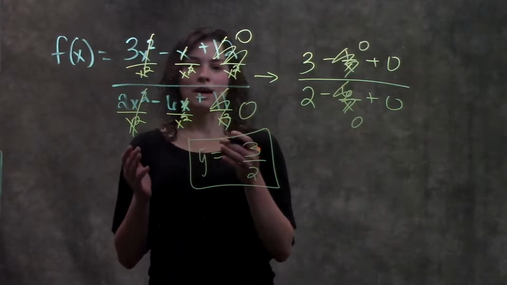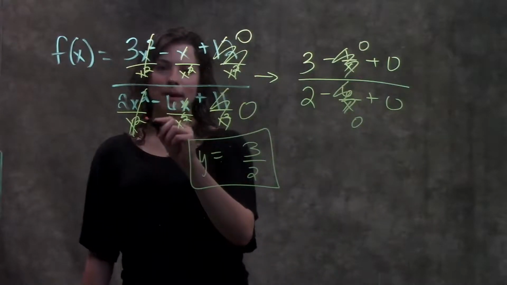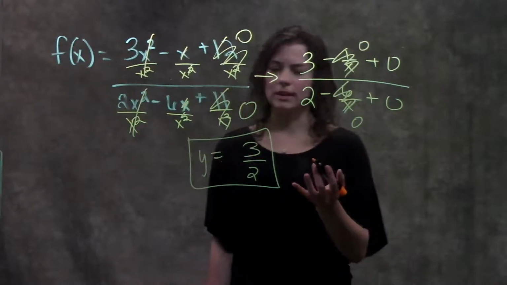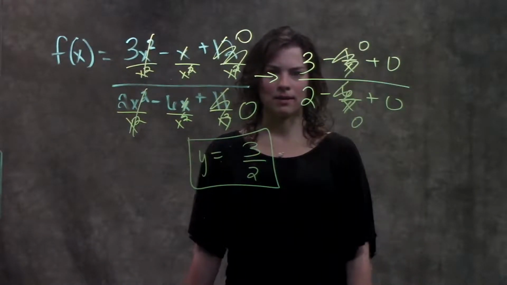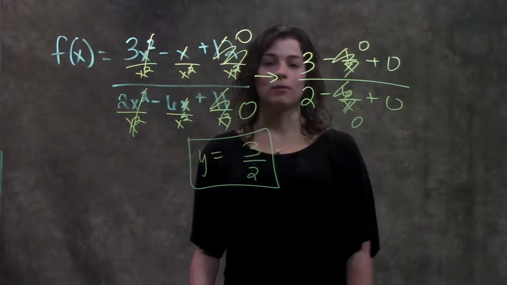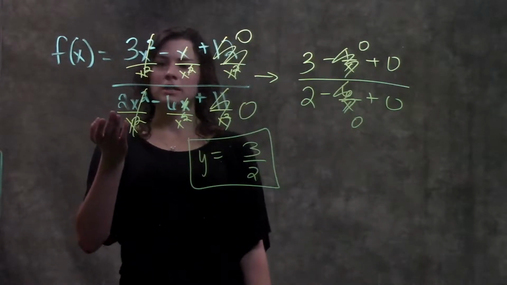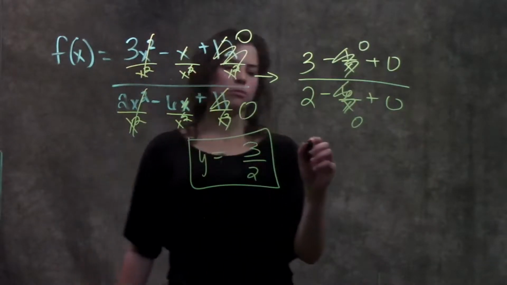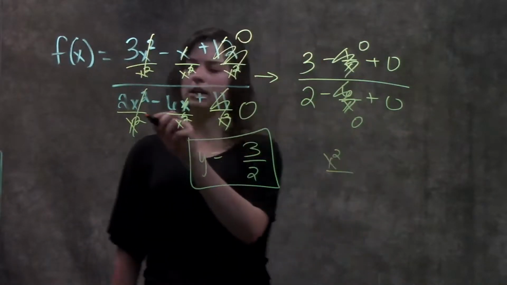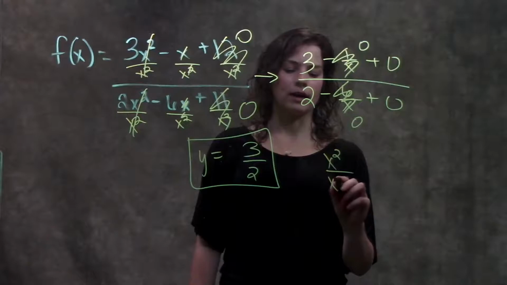We went through, divided each term in our function by the highest power in the denominator, and saw what was left over. Now, using our second method, if we were to just memorize those rules that we learned in the last video, well, we look at this function and we see the highest power in the numerator is x squared, and the highest power in the denominator is also x squared.